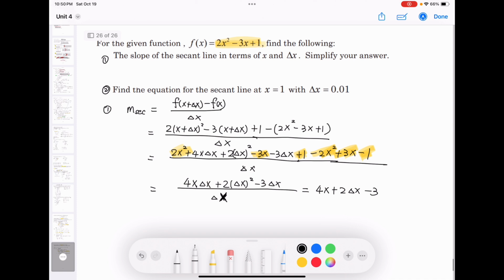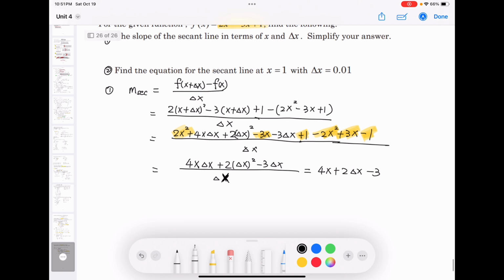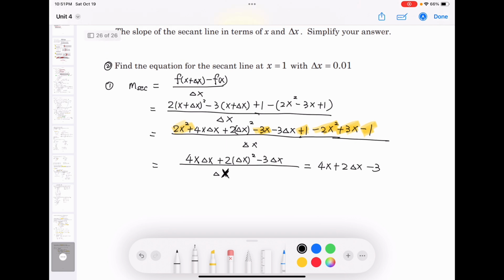Okay, let's see. The second question is to find the equation for the secant line at x is equal to 1 with delta x is equal to 0.01. If I want to find the equation, I need to find the slope. So the slope of the secant when x is equal to 1 and delta x is equal to 0.01.